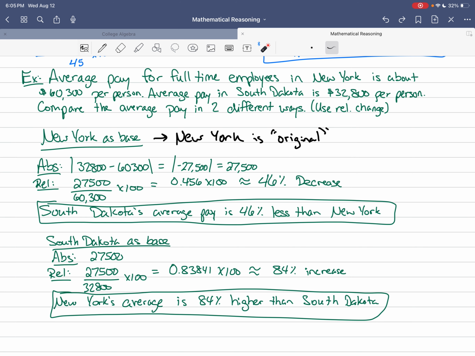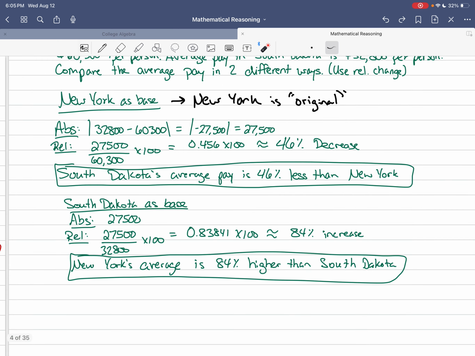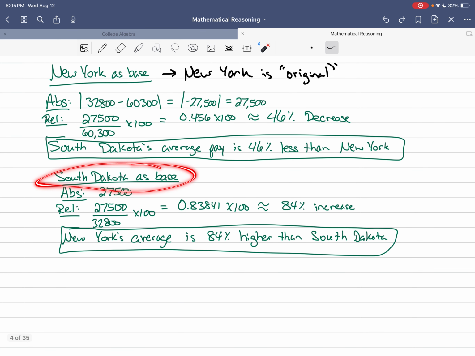Now, we're going to flip it around and we're going to see then how does this compare with New York, or using South Dakota as the base. So this time we're going to use South Dakota as the base. So that means South Dakota is going to classify as the original. The absolute change does not change. We're still using the same two numbers, and it's still going to be that 27,500. That's still the difference between our two numbers.